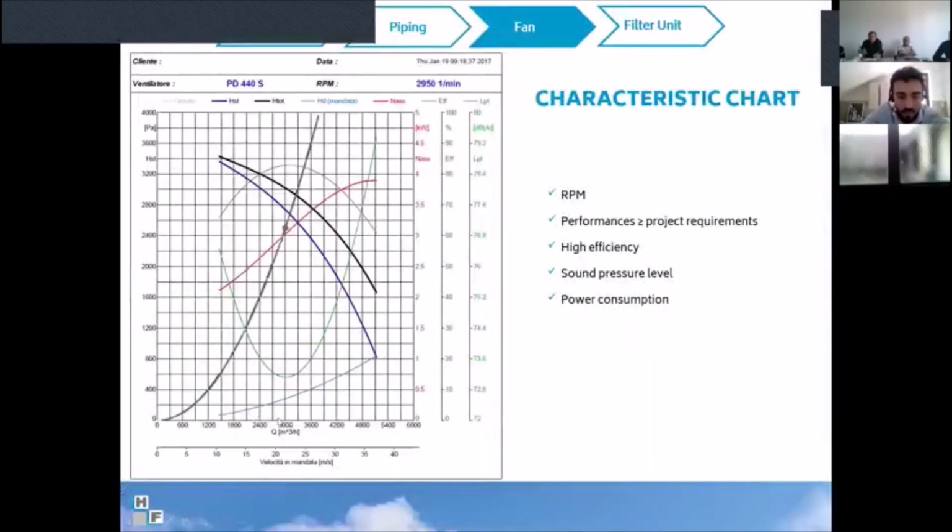For example, before we talked about 3,000 cubic meters, and at 3,000 cubic meters, the fan will be able to guarantee less or more 700 Pascal.